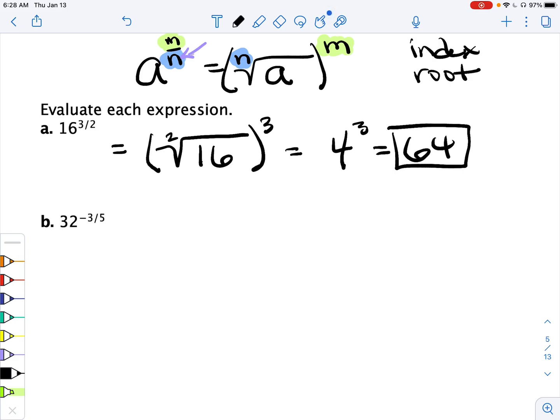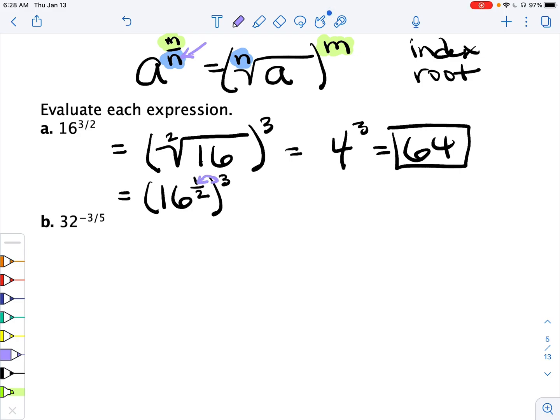Okay. Now, this is writing it into a radical form. We can also rewrite it if you wanted to, leave it in rational exponent form. Some kids like to do that. So I'm just going to show that to you for this one. Now there's these rules. This is the exact same thing as 16 to the 1/2 to the third power, because what I did was a power to a power, you've learned, you multiply that.